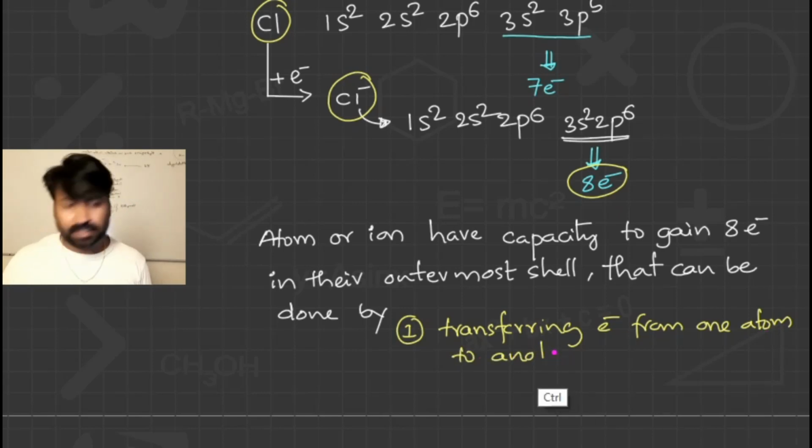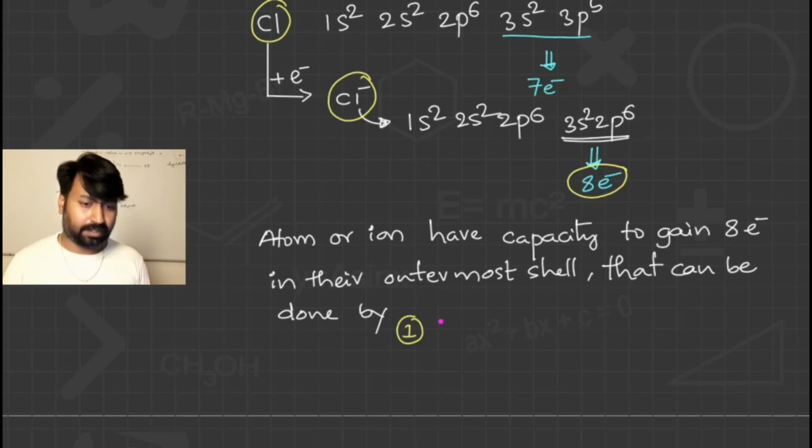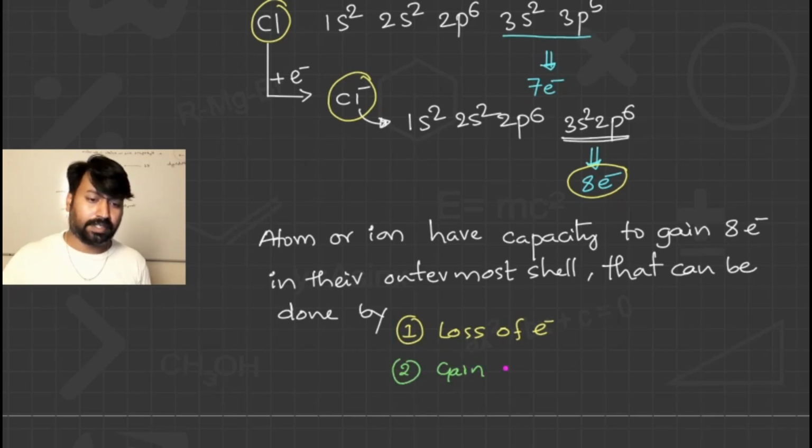In a simple way we can write that the two ways are by loss of electron or by gain of electron. These are the two ways. By that, the atom or ion gets 8 electrons in their outermost shell, and that can be done by losing the electron or gaining the electron.